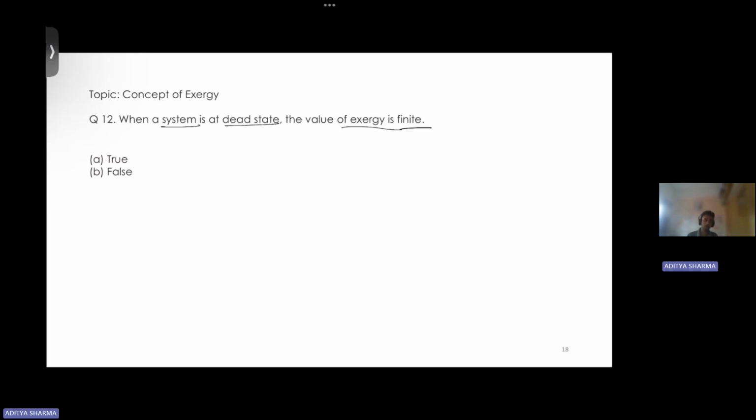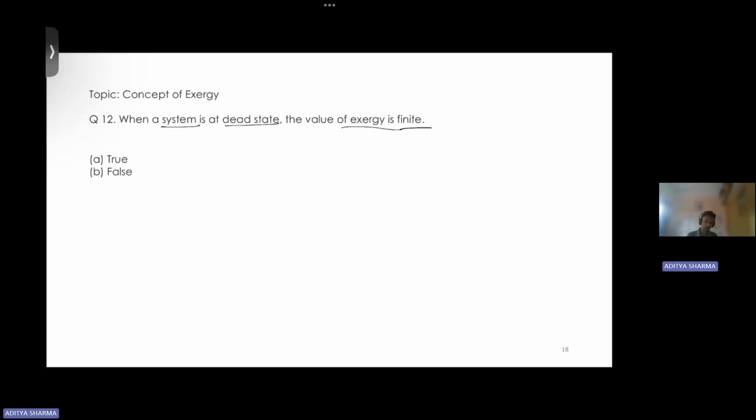All its potential in terms of work that can be extracted from that particular system. In that case, because the potential is not available, the exergy in numerical term will also not be there.